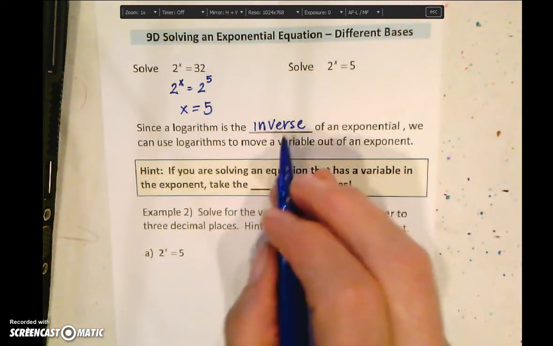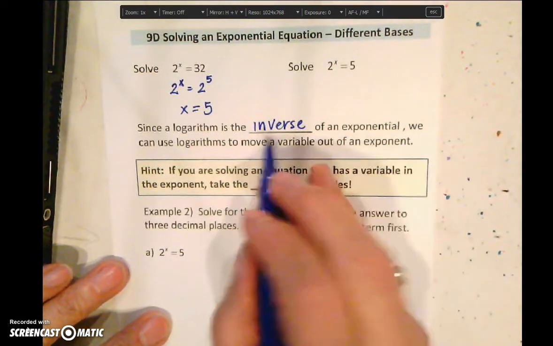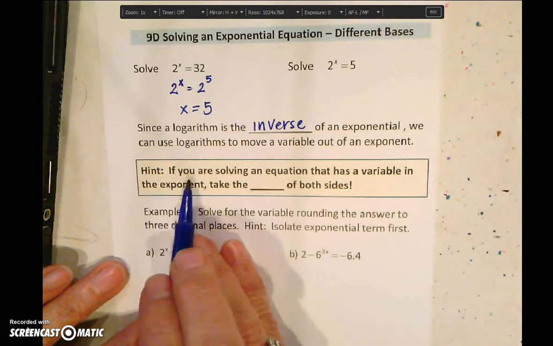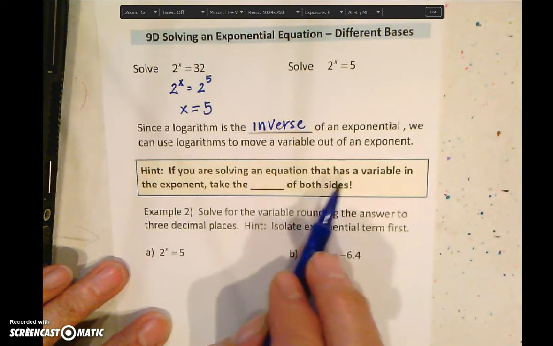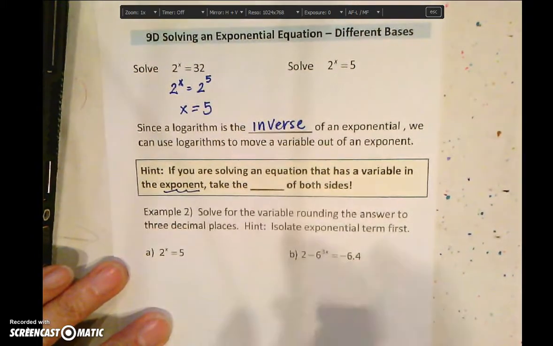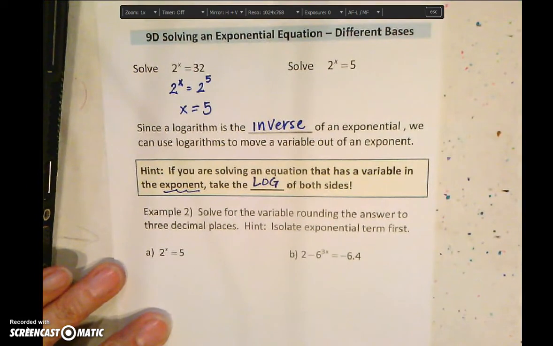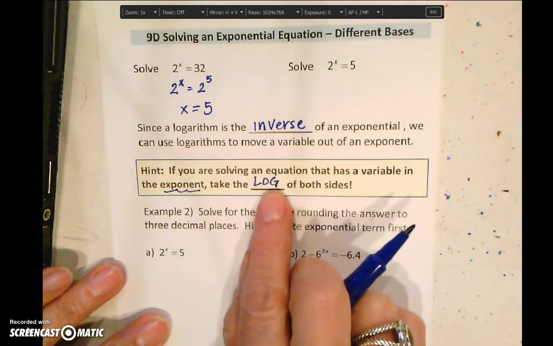So we can undo our equation and bring out the variable. So hint, if you're solving an equation that has a variable in the exponent, take the log of both sides. It doesn't matter what the base is, you can use any base, but we'll just do log, which would be base 10.